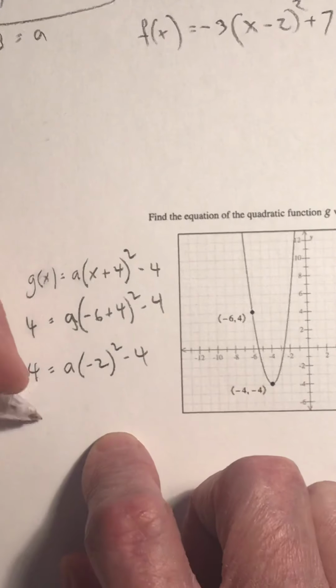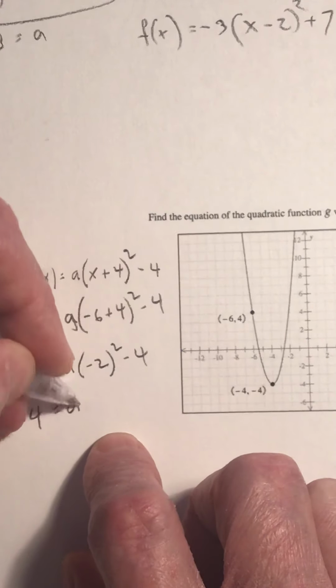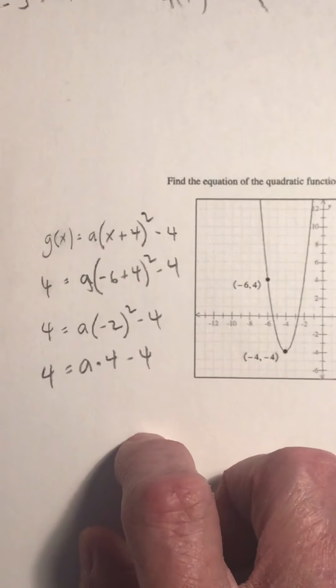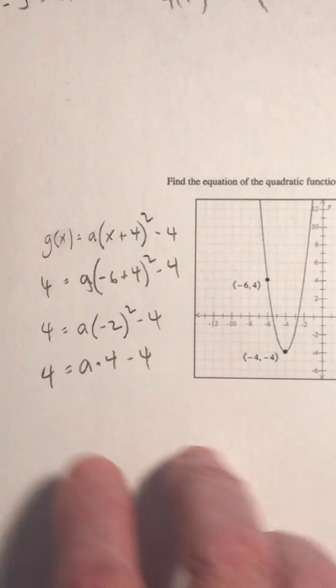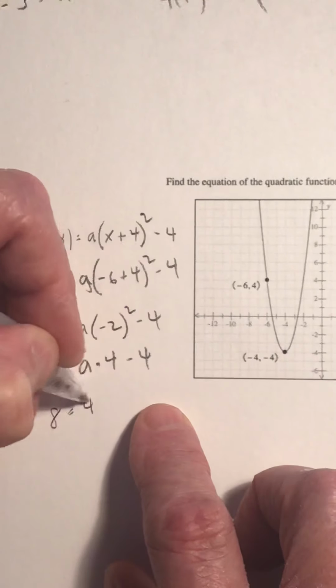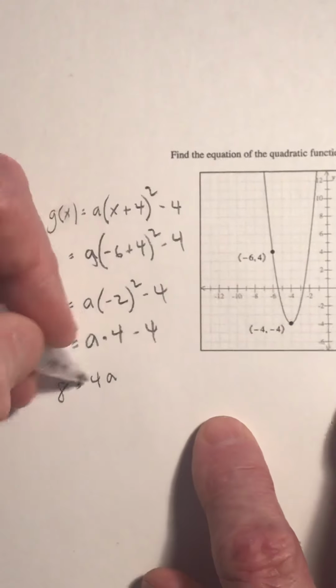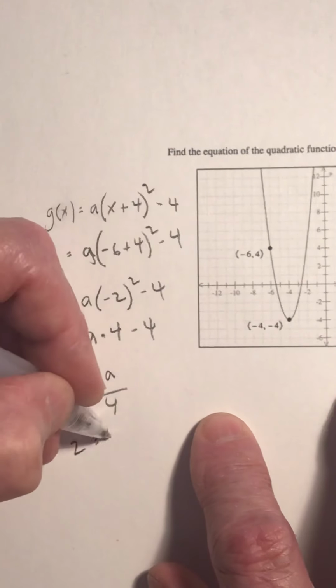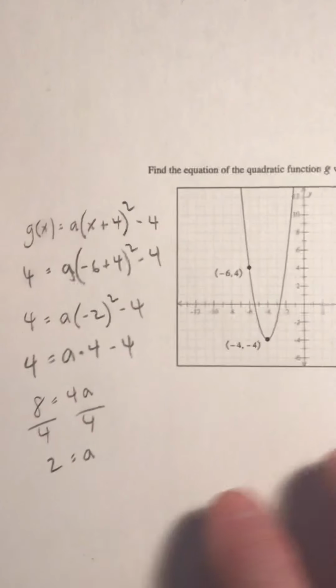And negative 2 squared is positive 4. And if I add 4 to both sides, it's going to say 8 equals a times 4, or I'll just write 4a. And dividing both sides by 4, I get a equals 2.